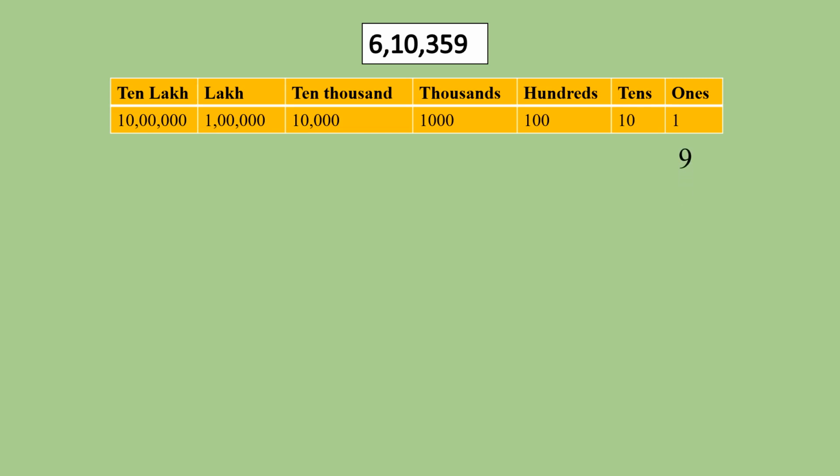9. 9 in one's place. Here we have to take out the place value of 9. The place value of 9 is the face value of 9 multiplied by 1. So place value of 9 will be 9 multiplied by 1 is equal to 9, and in words it can be written as 9 ones.